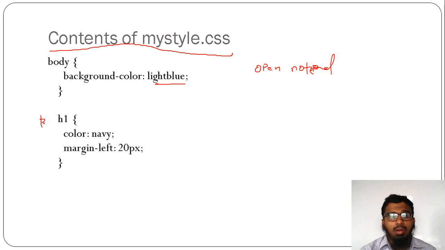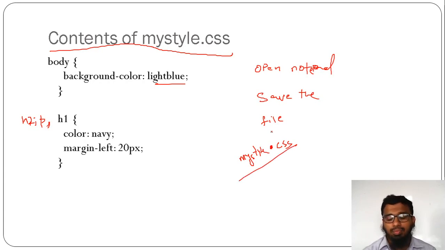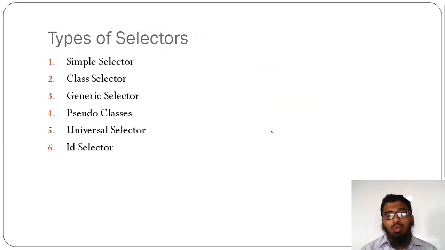You can take P or H2 here, any selector you can use, but they should be separated by commas. Clear? And save the file with the extension CSS. You can write anything, like mystyle.css. Clear?